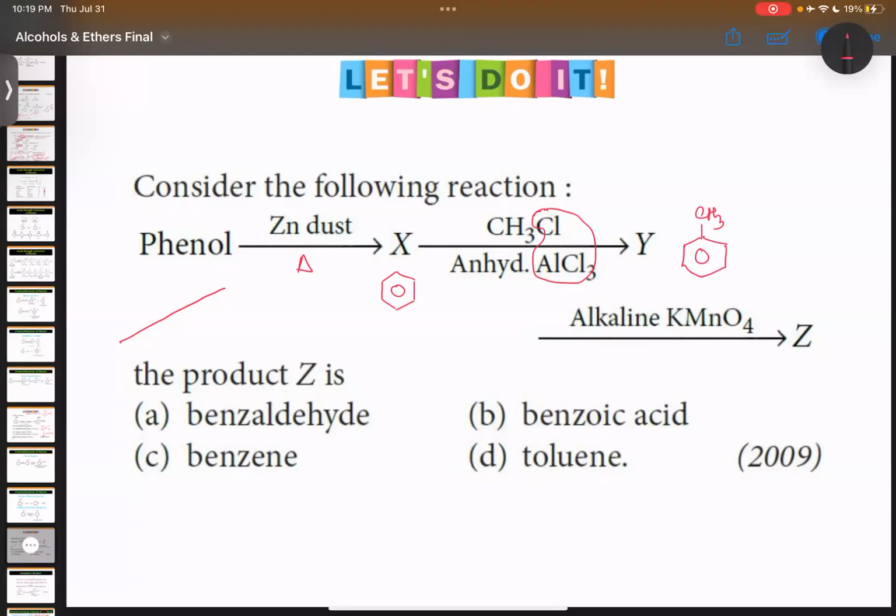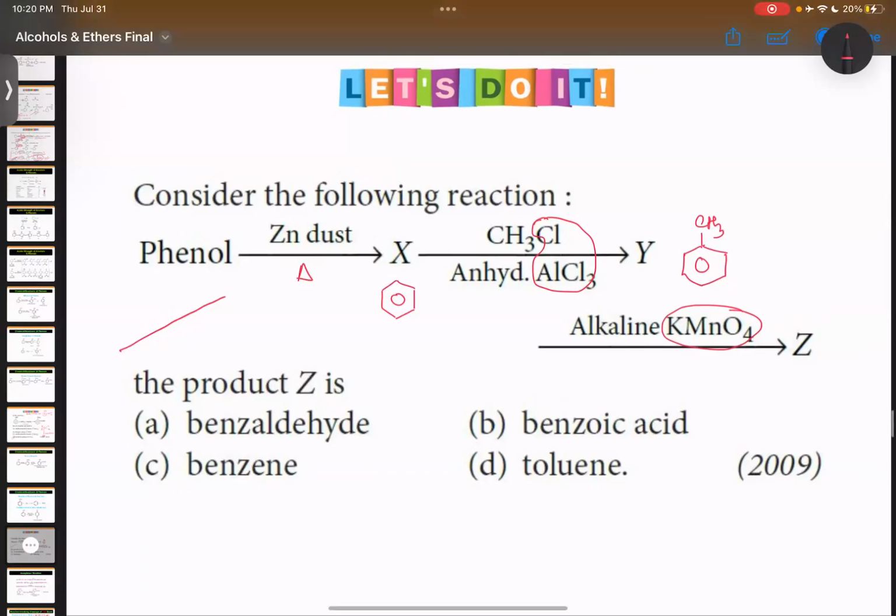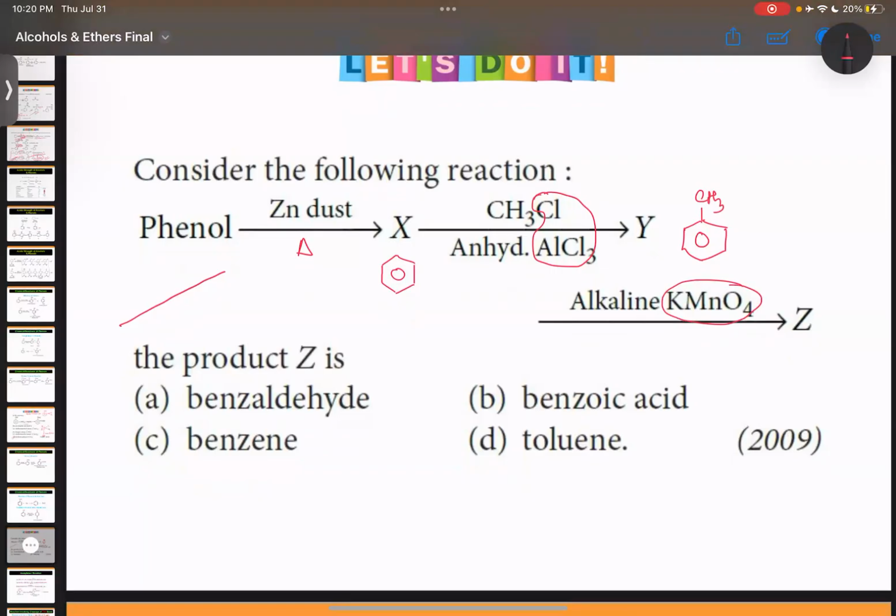And what happens with this KMnO4? This is a strong oxidizing agent. So oxidizing, it will remove the electrons. But what should be the final product? Benzaldehyde?